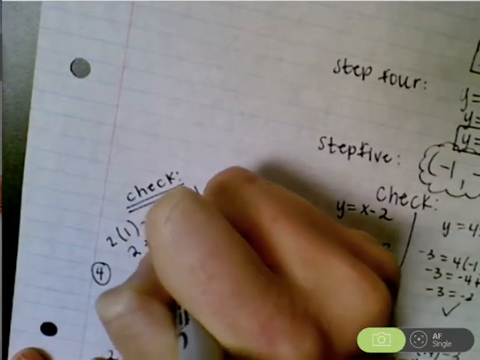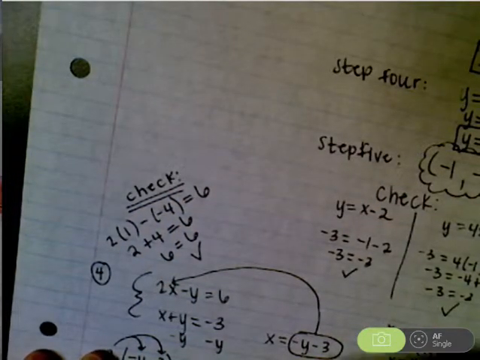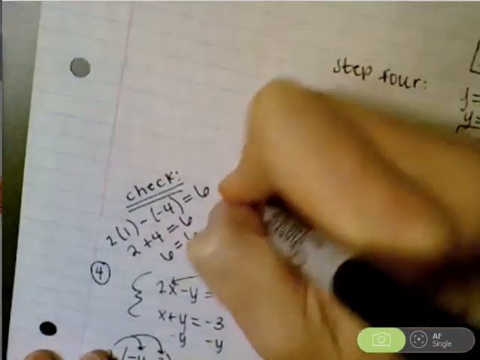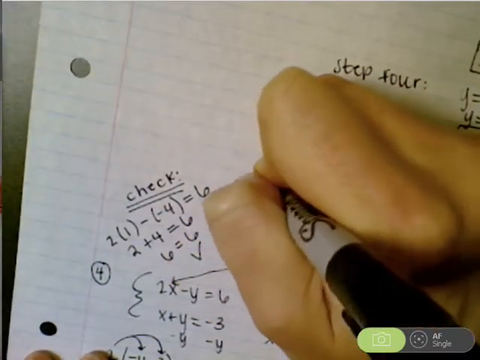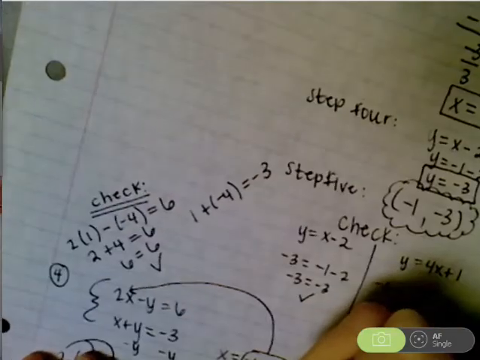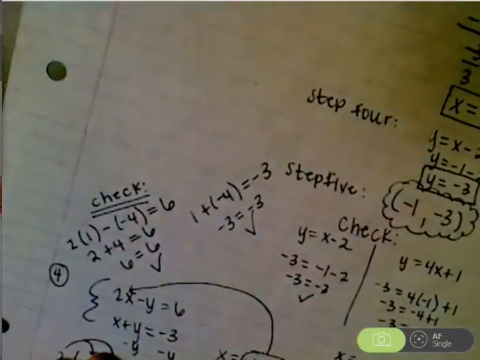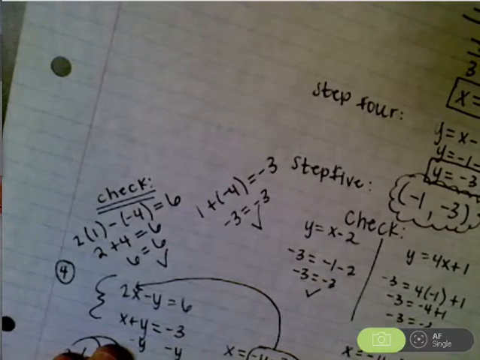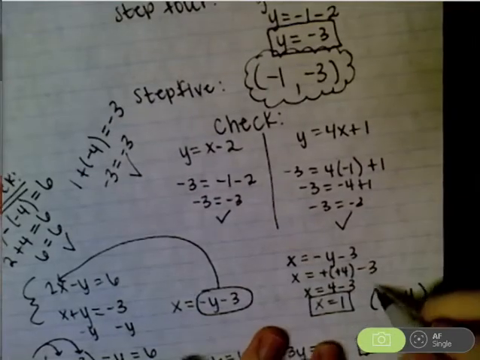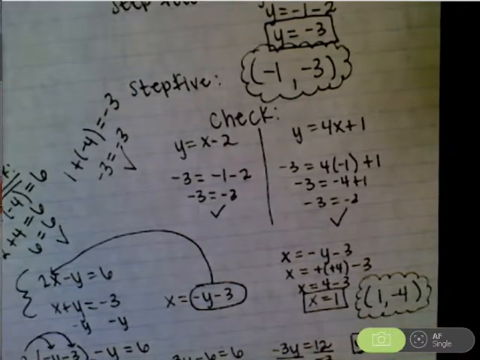So is 2 plus 4 6? Yes. Then I should get that x, which is 1, plus y, which is negative 4, equals negative 3. Is that true? Yes, absolutely. So I know that 1, negative 4 is the correct answer.